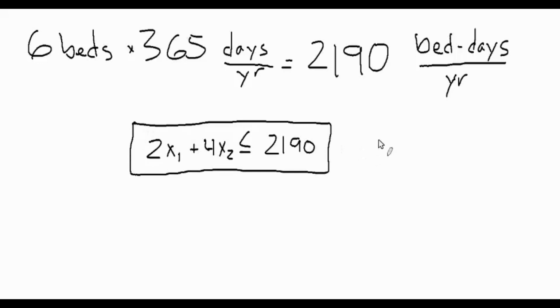And just note that it's on an annualized basis, so we're doing this per year, and all the units here really are bed days, and this is done on an annual basis per year.